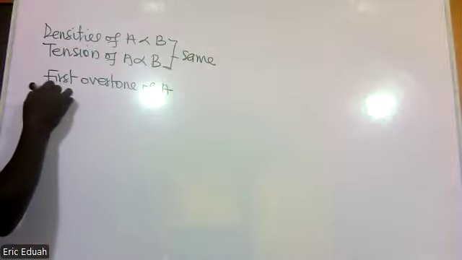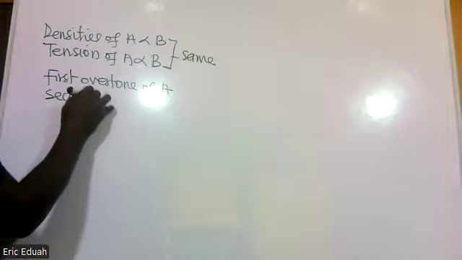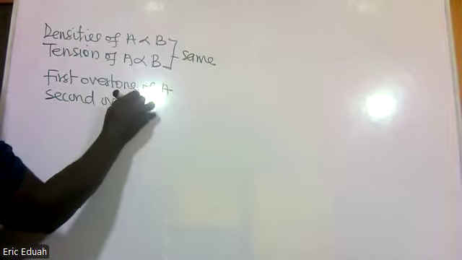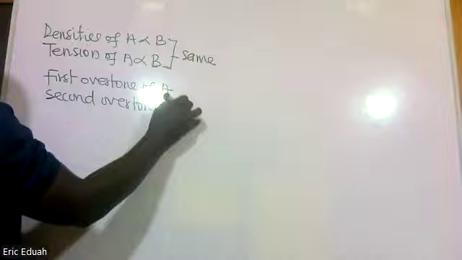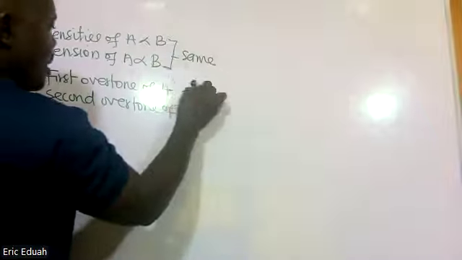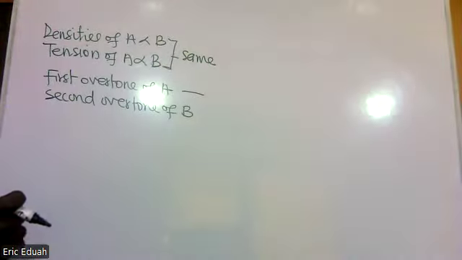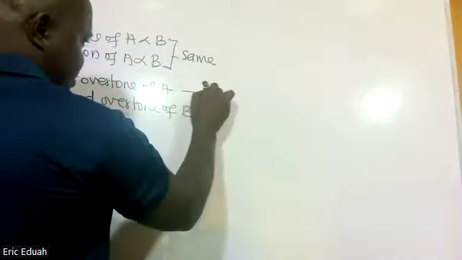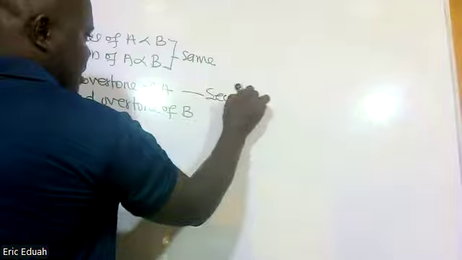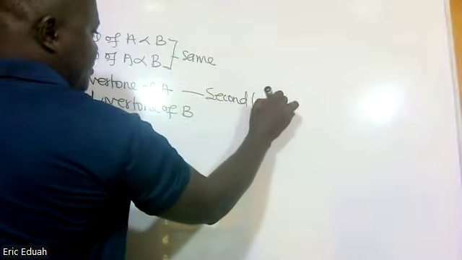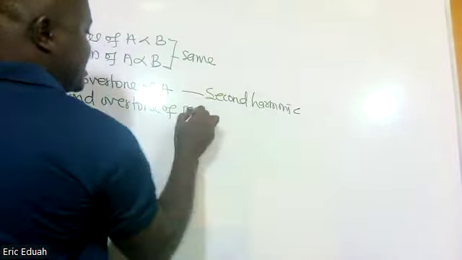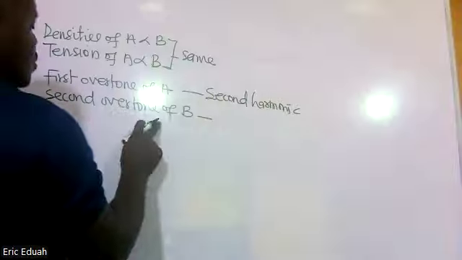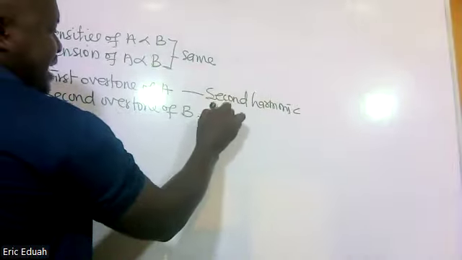And what is the second overtone of B? The first overtone is equal to the second harmonic by our knowledge. Whereas the second overtone is equal to the third harmonic.